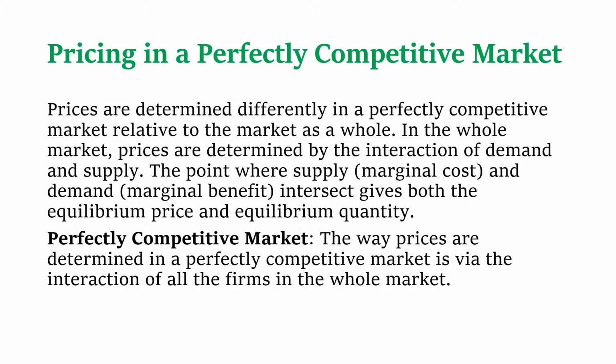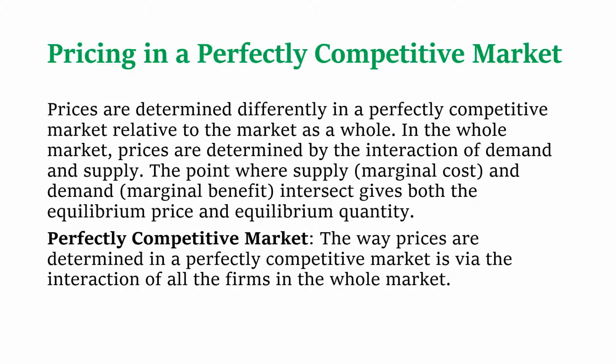The point where the demand and supply intersect gives both the equilibrium price and the equilibrium quantity. Of course, we know this one before. So where they meet is the market price.